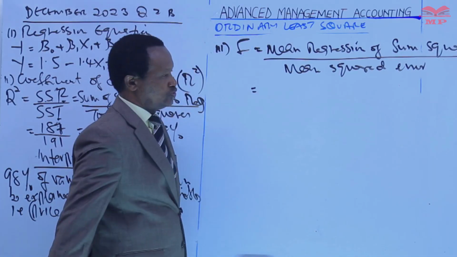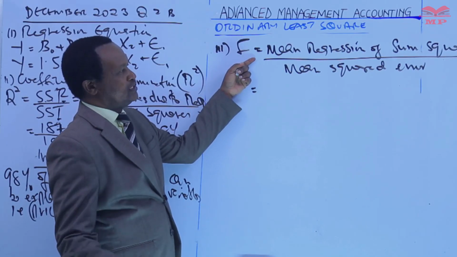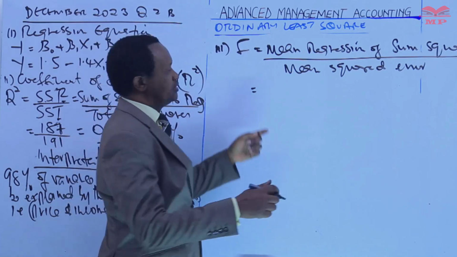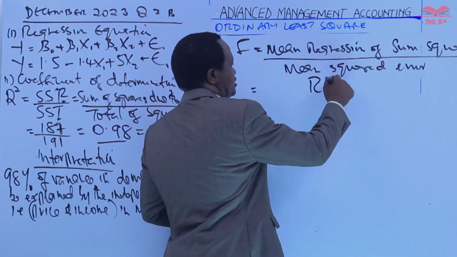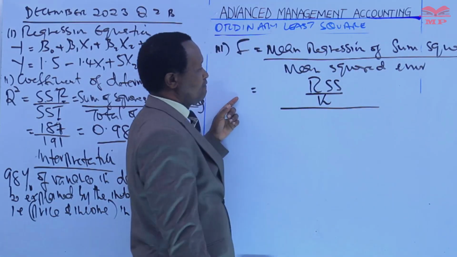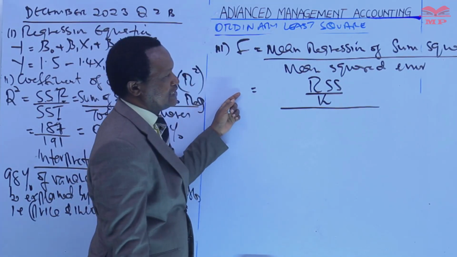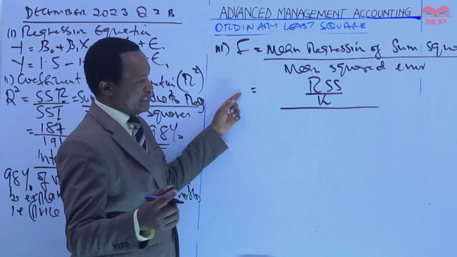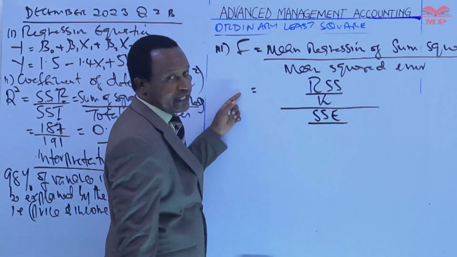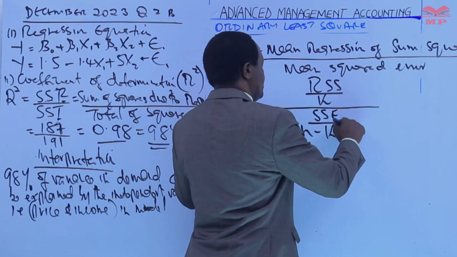Just two things. First of all, we need to calculate the mean regression sum of squares, which will be equal to RSS over K. We divide that fraction by another fraction, SSE divided by N minus K plus 1.